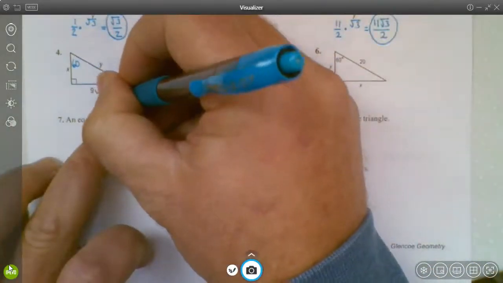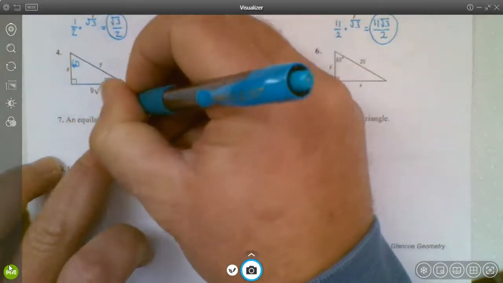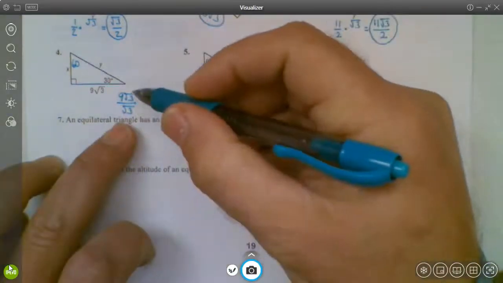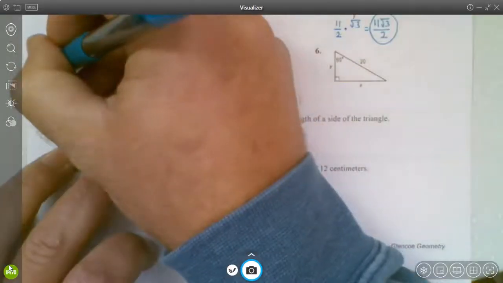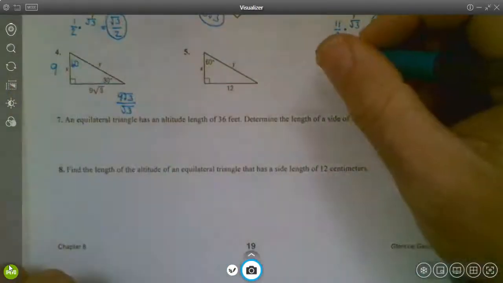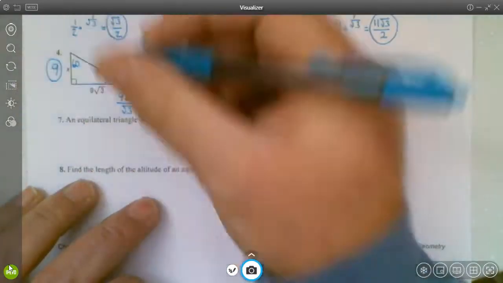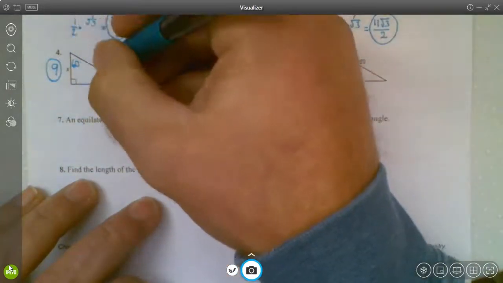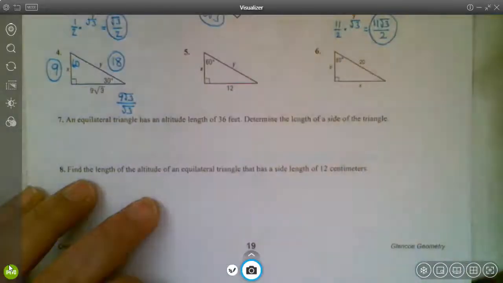So what is 9 root 3 divided by the square root of 3? You can see that these would cancel, and I would be left with just 9. So there's our short leg is 9. How do we go from short to hypotenuse? We just multiply by 2. So there's my hypotenuse.